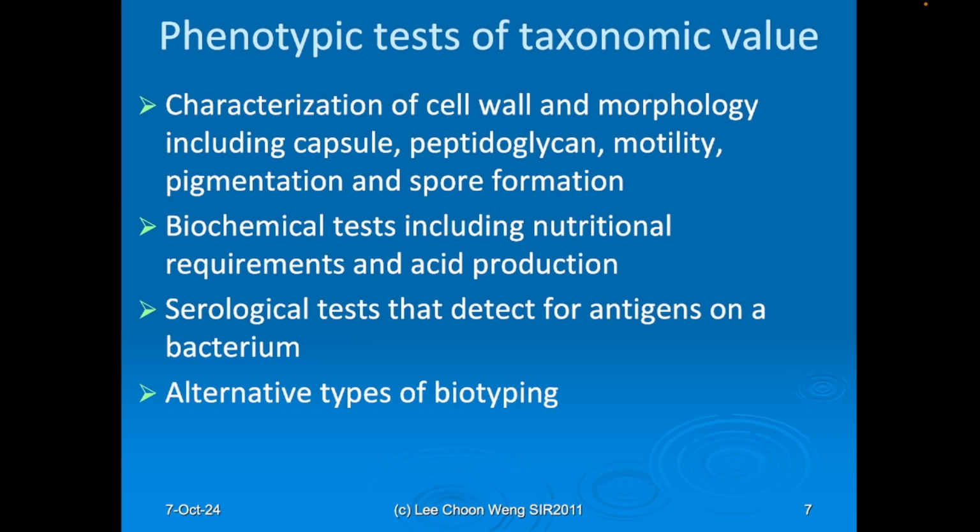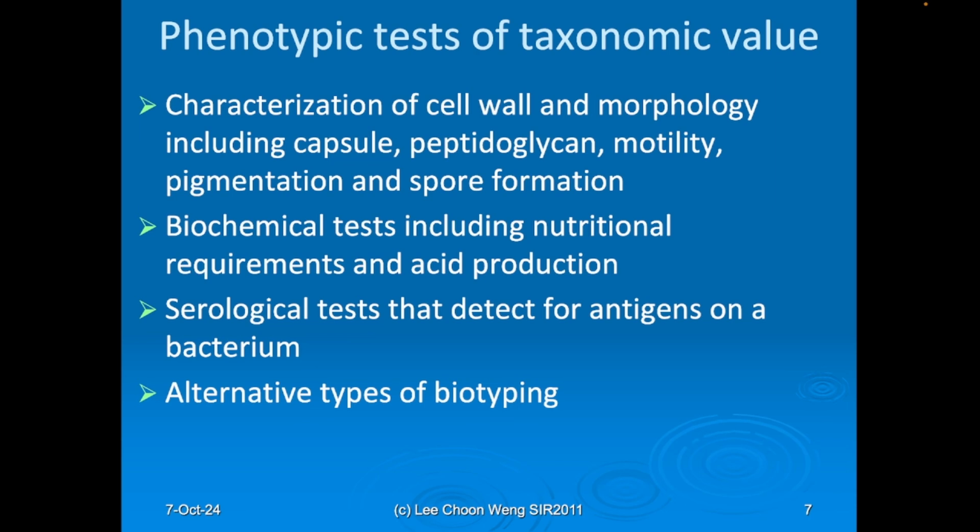Pigmentation, some bacteria produce color, but only at the colony level can you see it. Because a single bacterium is too small, whatever color it has, you cannot see. Okay, it has to be from the colony. The thing you have to remember is the shape of the colony.